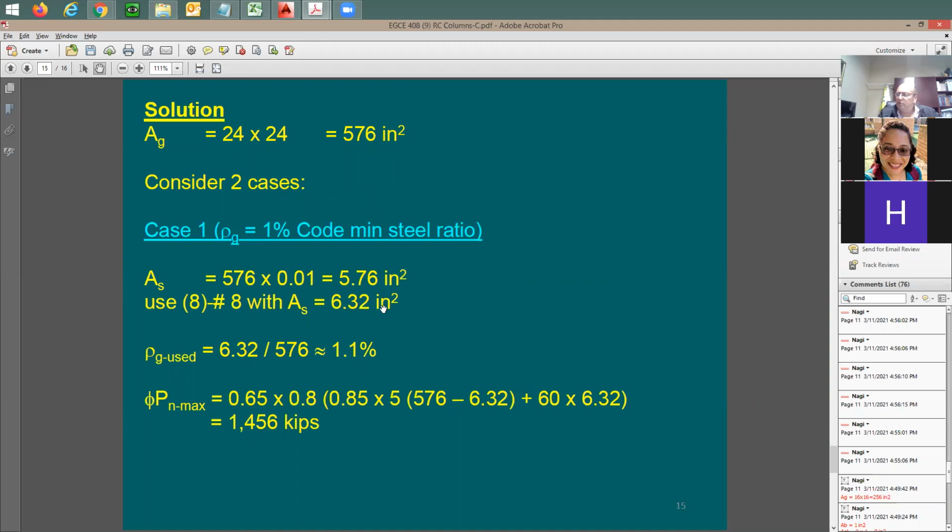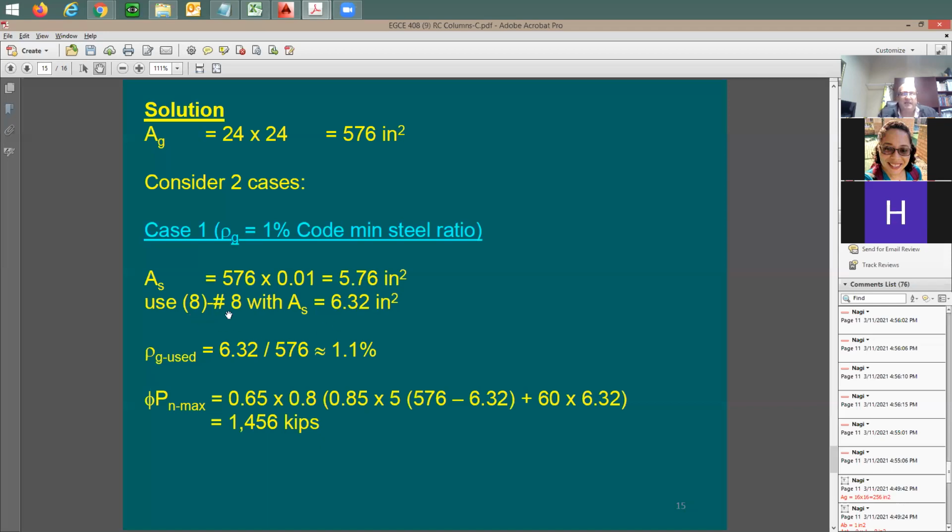Is this less than or more than 1%? More than. Can I use 4.8? Based on this, the minimum for 1% is going to be 0.56 or 0.58 or 0.57 square inches, right? So I cannot really use 8 number 7.